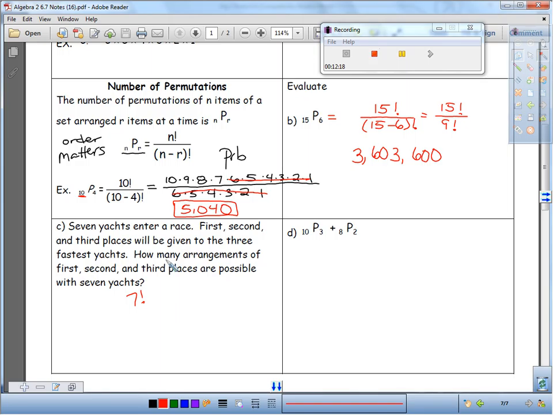How many am I choosing? 3, because I have first, second, and third. So I need to do the permutation and choose 3. So again, in your homework, you're going to do 7 factorial divided by 7 minus 3 factorial, which gives me 7 factorial divided by 4 factorial.